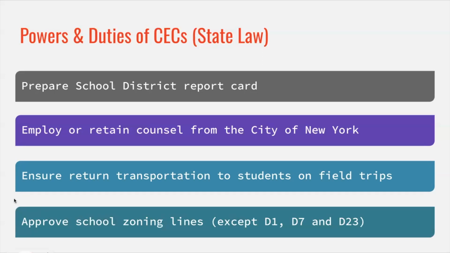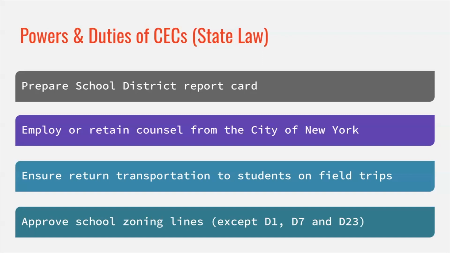Now, this is the one true legal authority of many community education councils, and this is to approve school attendance zoning lines. This is one power that the state legislatures and the mayor back in the Bloomberg era, it was Michael Bloomberg who asked for mayoral control, were happy to leave with the community education councils because school zoning is highly contentious.